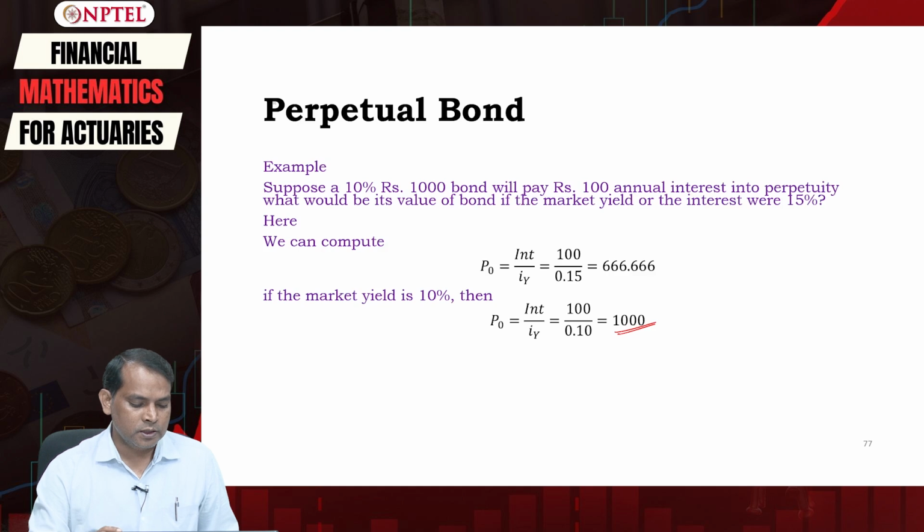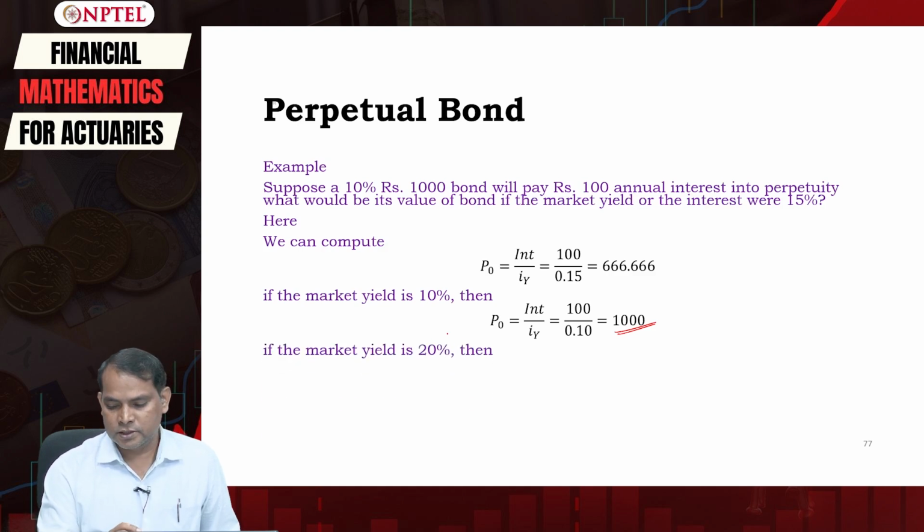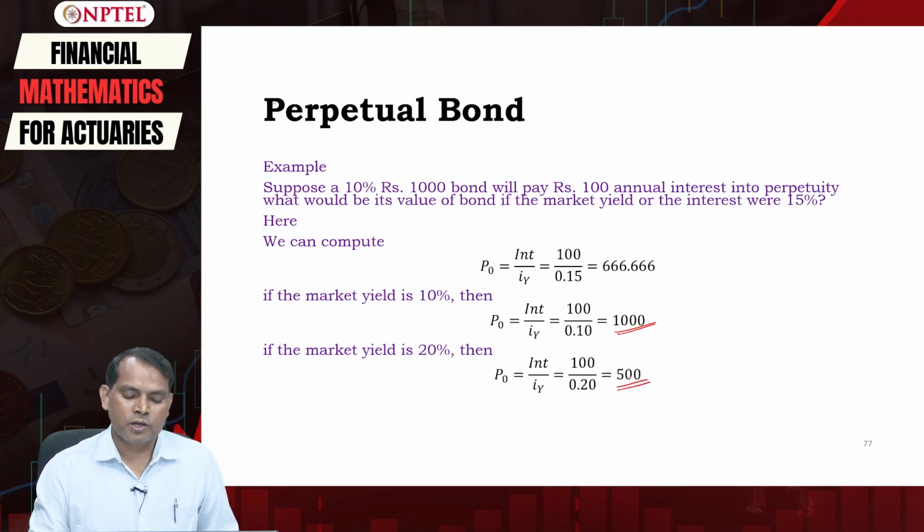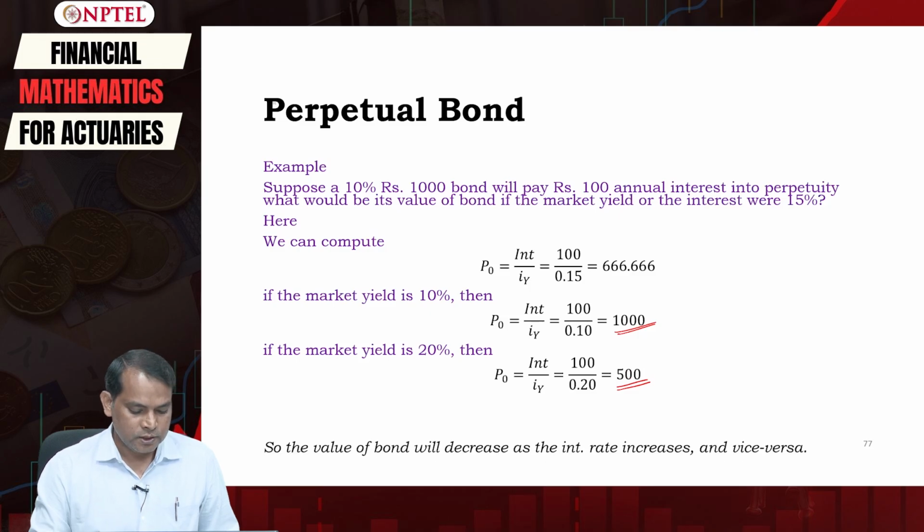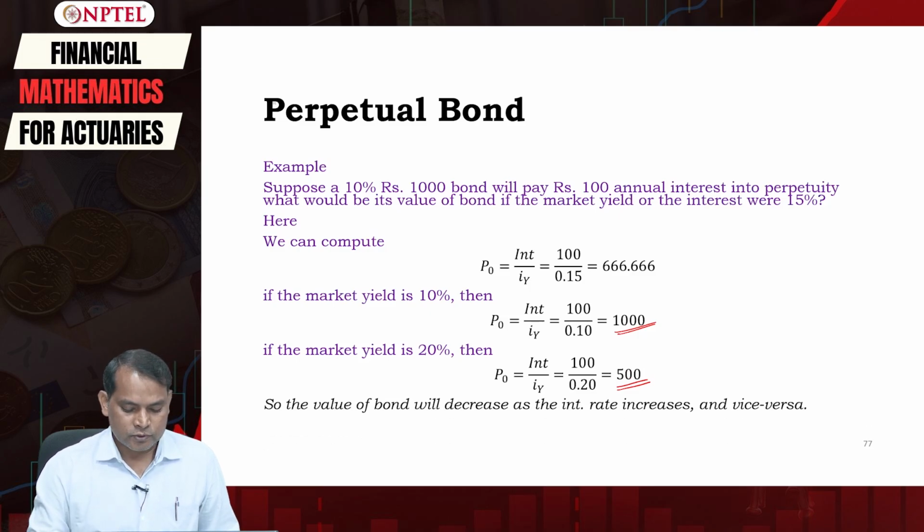On the other hand, if the market yield is 20% rather than this value, then the price of this perpetuity is in fact 500. So what we have observed here is that the value of a bond will decrease as the interest rate increases, and vice versa.